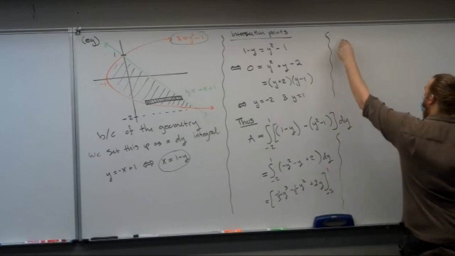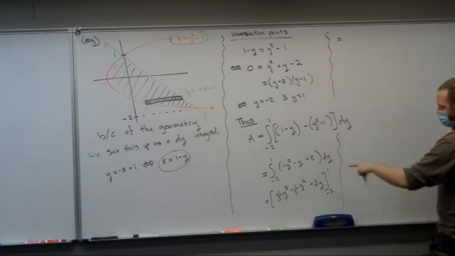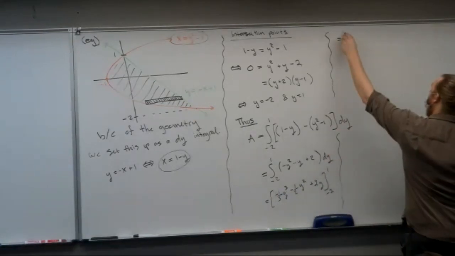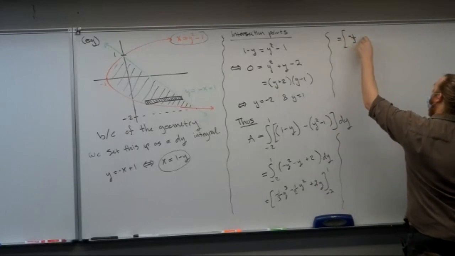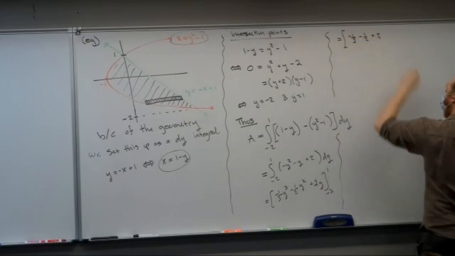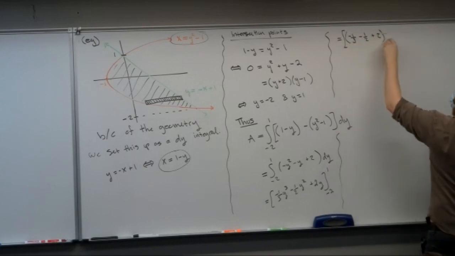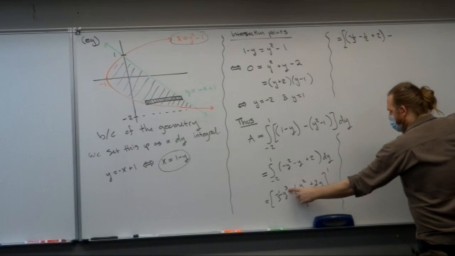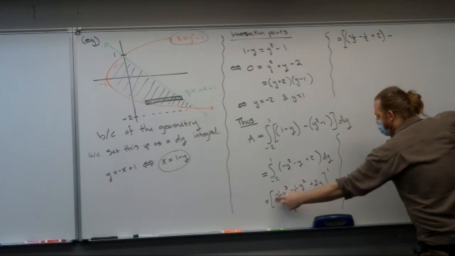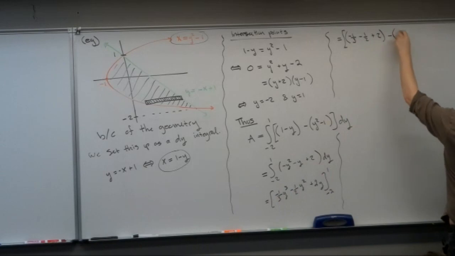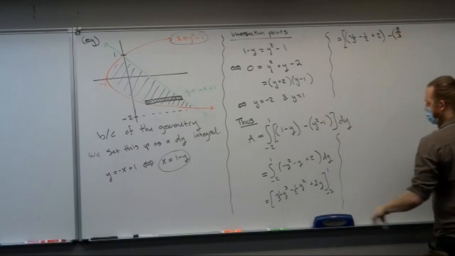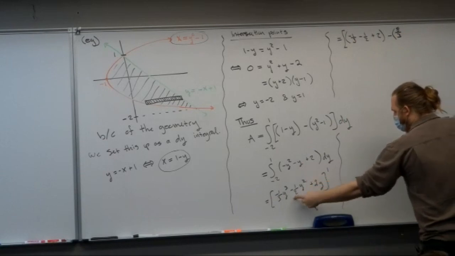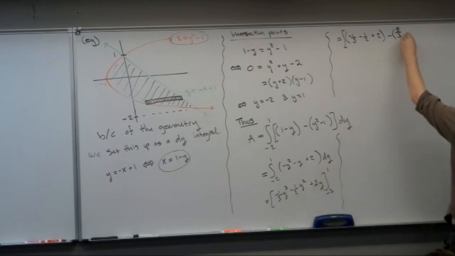I'll continue this up here. Evaluating at +1, we get -1/3 minus 1/2 plus 2. And then we will subtract off what we get when we evaluate this at -2. -2 cubed is -8 times -1/3 is +8/3. -2 squared is +4 times -1/2 is -2.